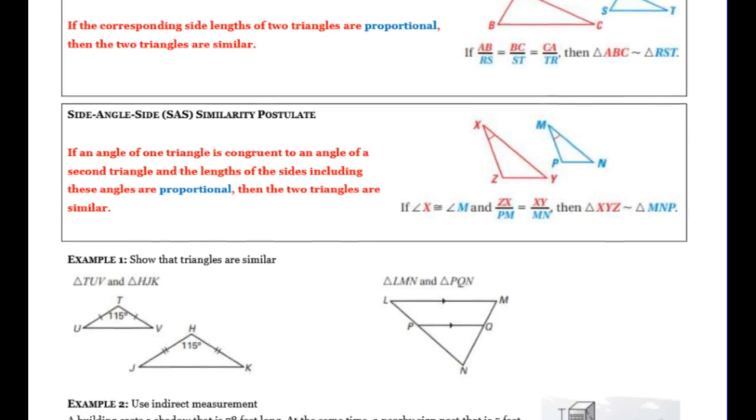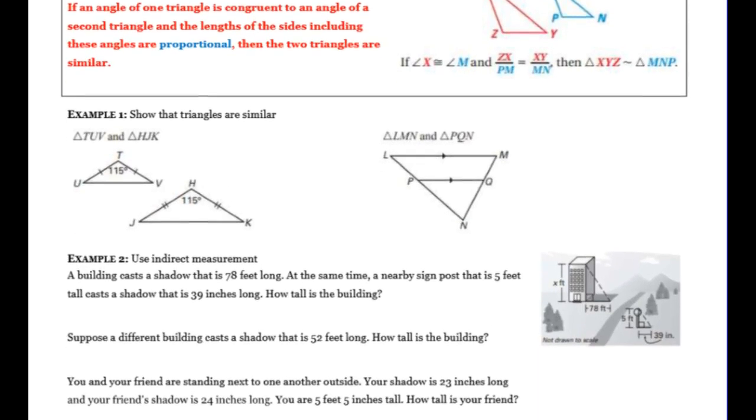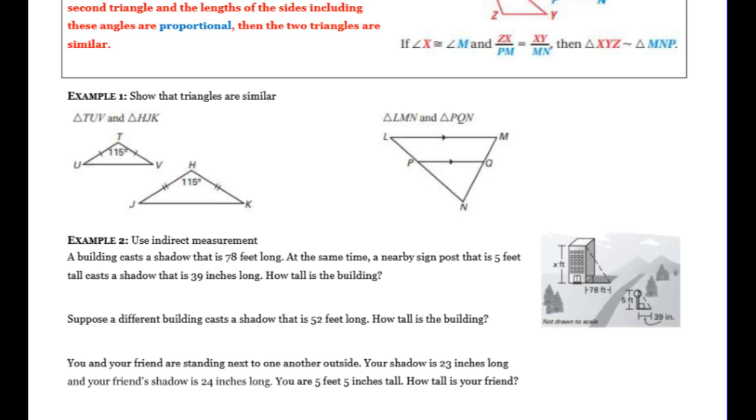Okay, let's look at a few examples. So in example 1, we've been given that angle T is congruent to angle H, and I know that TU is congruent to TV and HJ is congruent to HK, but that doesn't help me with proving they're similar.